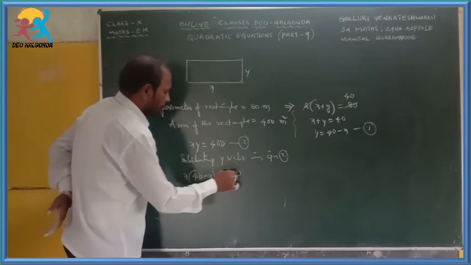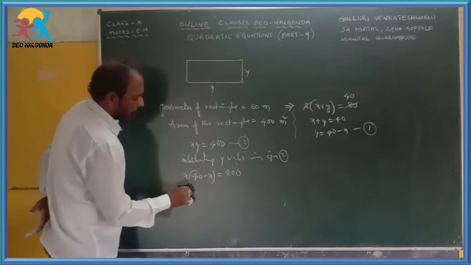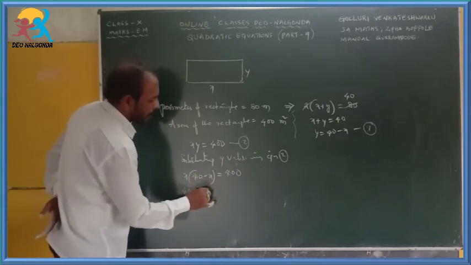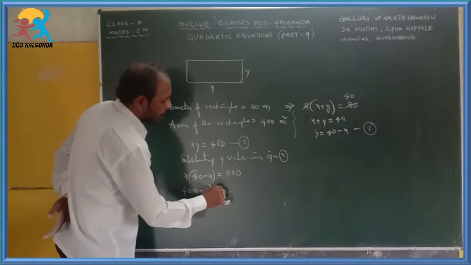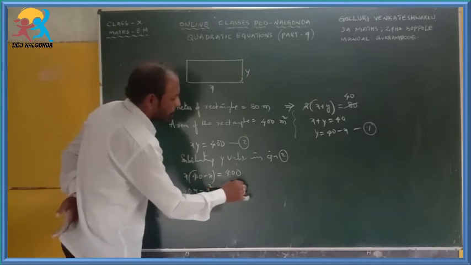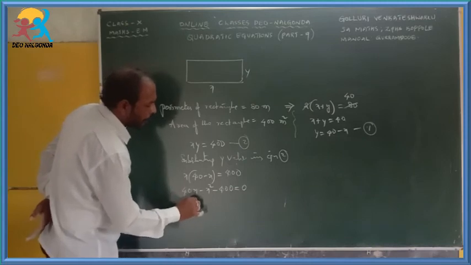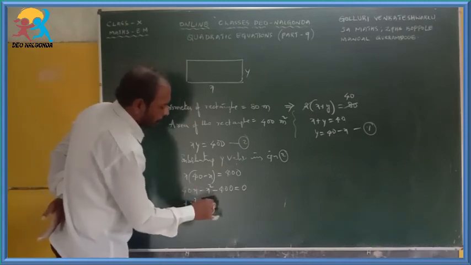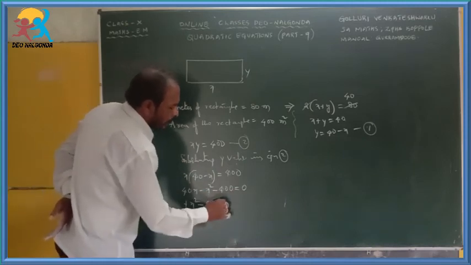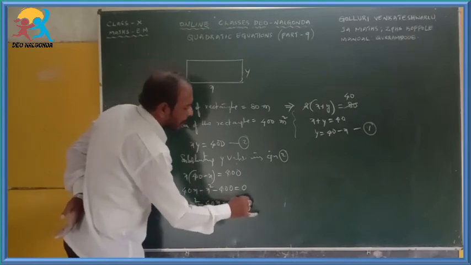So 40x minus x square minus 400 is equal to 0. Changing signs on both sides, x square minus 40x plus 400 is equal to 0.